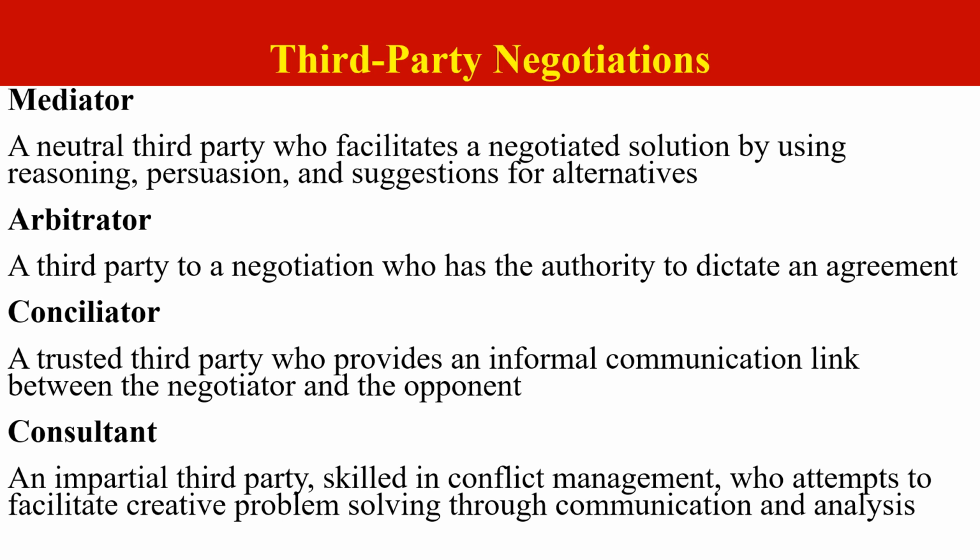Conciliator is a trusted third party who provides an informal communication link between the negotiator and the opponent. Consultant is an impartial third party skilled in conflict management who attempts to facilitate creative problem solving through communication and analysis.